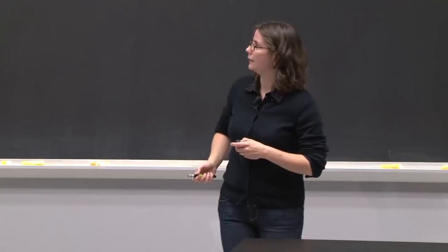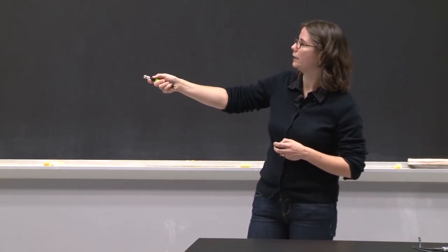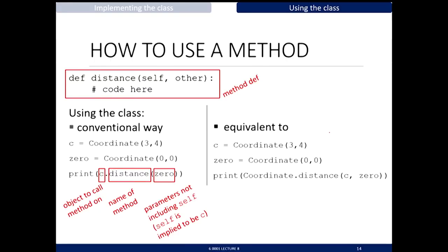An easier way to see what happens is by looking at what this line here is equivalent to. So the third line here, print c.distance(0), is equivalent to this one on the right.